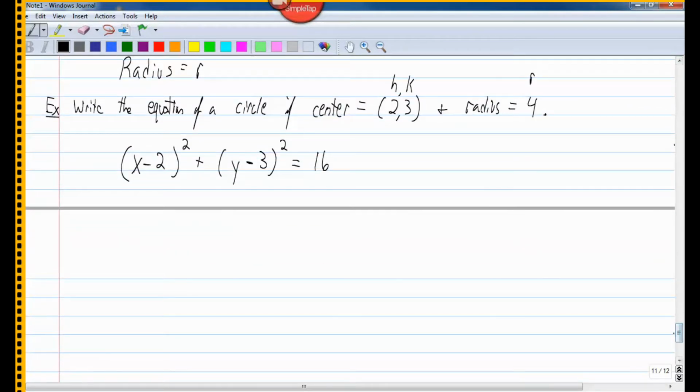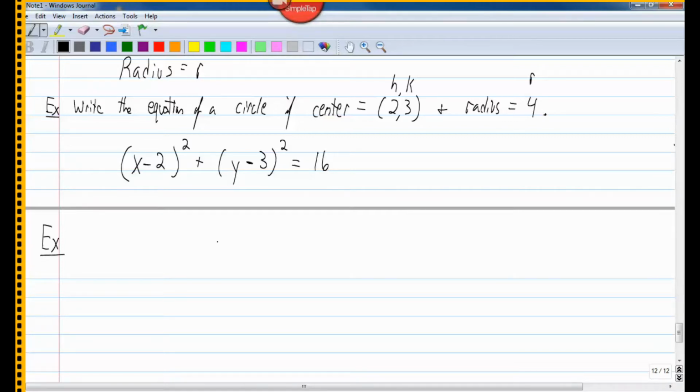Okay? So notice that we have a minus in front of the 2 and a minus in front of the 3. That's because the center is a positive 2, positive 3. And then the radius is 4. Whatever number is out here, you need to square the radius to get that.